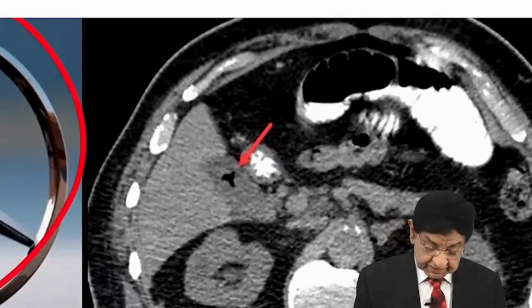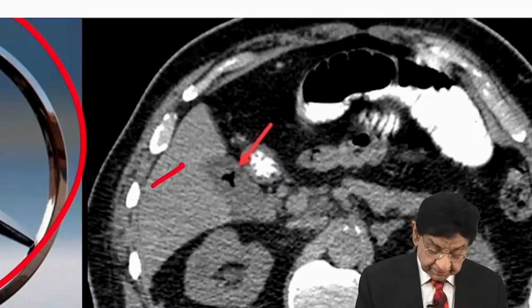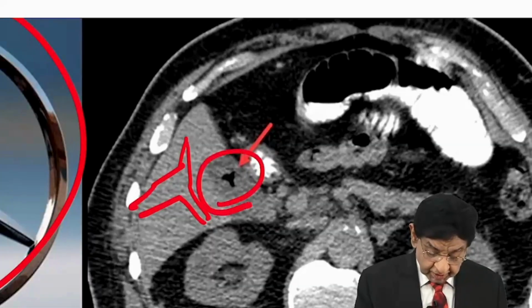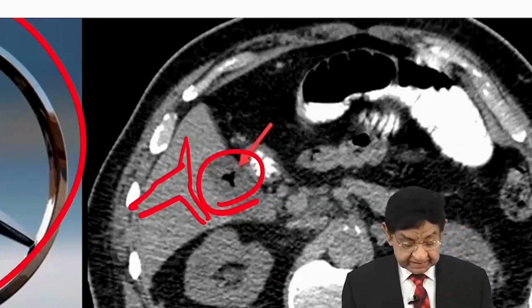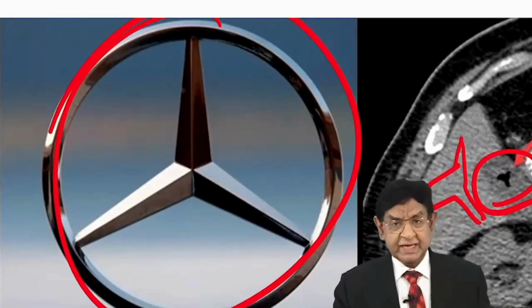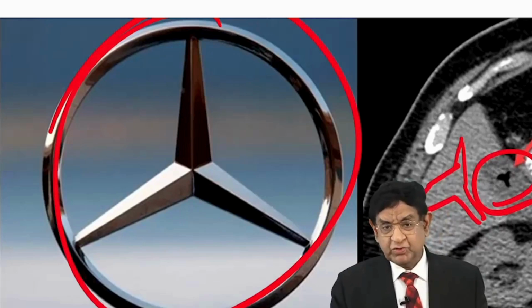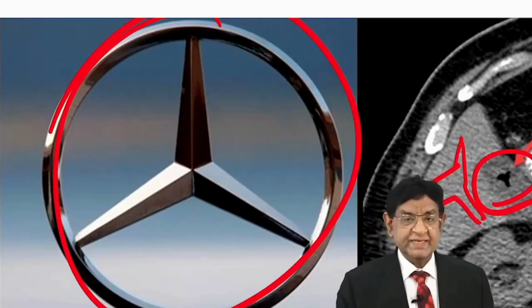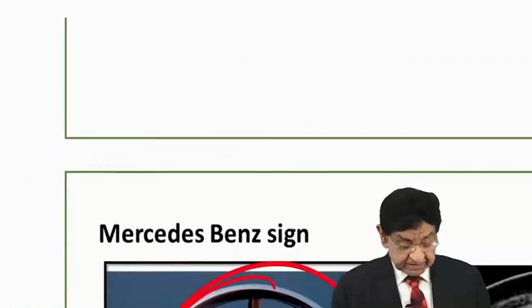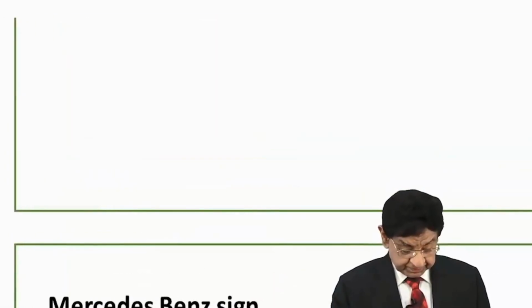This is the so-called Mercedes-Benz sign, like this only. For exam point of view, this is a favorite question of the examiner. We can see this in X-ray, maybe CT also, this Mercedes-Benz sign.